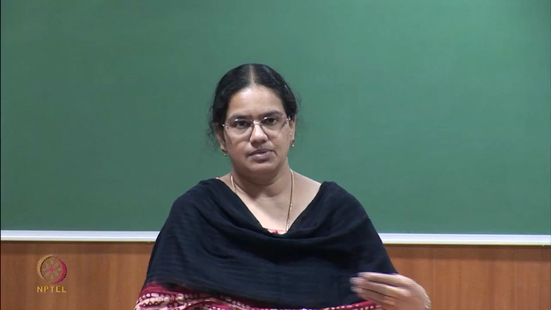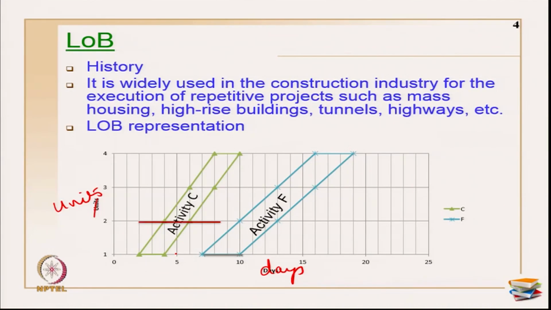For a pipeline project, maybe for one stretch I start activity C on day 2 and finish it on day 4. On the second unit I start on day 4 and finish on day 6. So these are the start and finish of the segments in that particular unit.